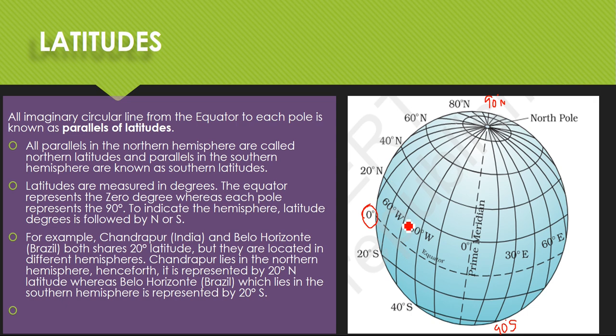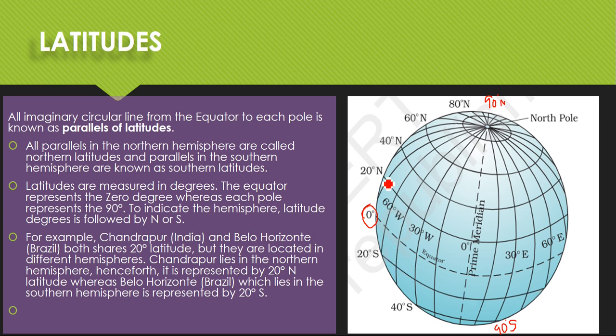For example, Chandrapur in India and Belo Horizonte in Brazil both share 20 degree latitude. You can see the 20 degree latitude here, but they are located in different hemispheres. Chandrapur lies in the northern hemisphere, and Belo Horizonte in Brazil lies in the southern hemisphere.